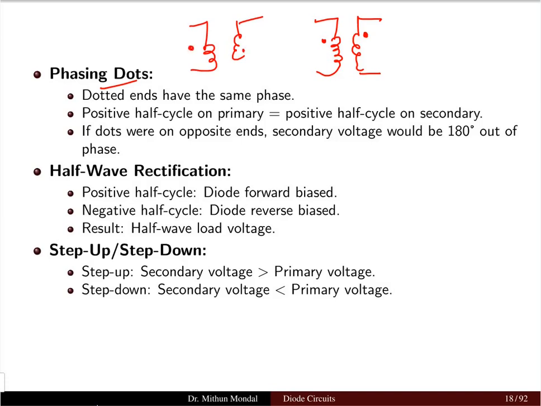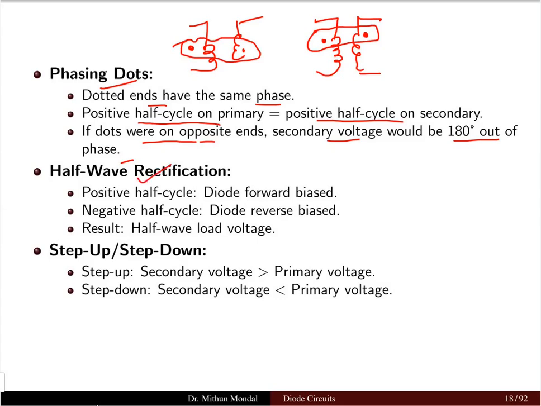It can have a position like this. Dot ends have the same phase: a positive half cycle on the primary will give you a positive half cycle on the secondary. If the dots were on opposite ends, the secondary voltage would be 180 degrees out of phase. Generally we require the dots like this, on the same phase.